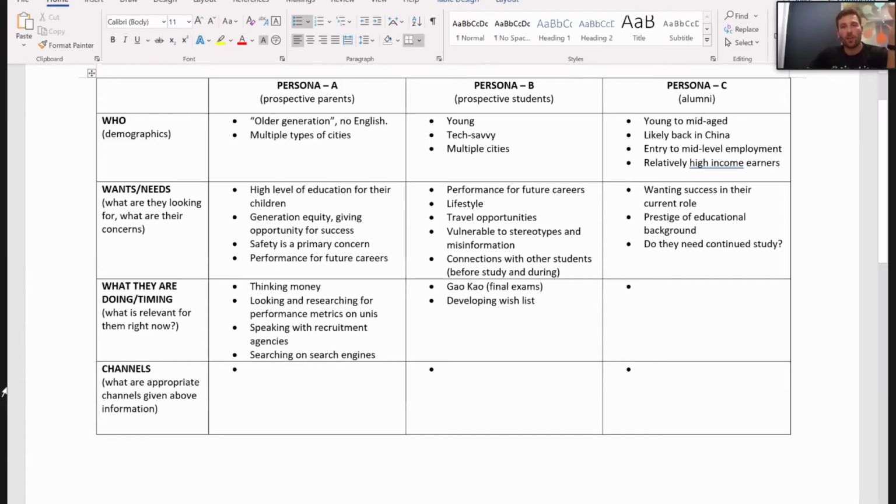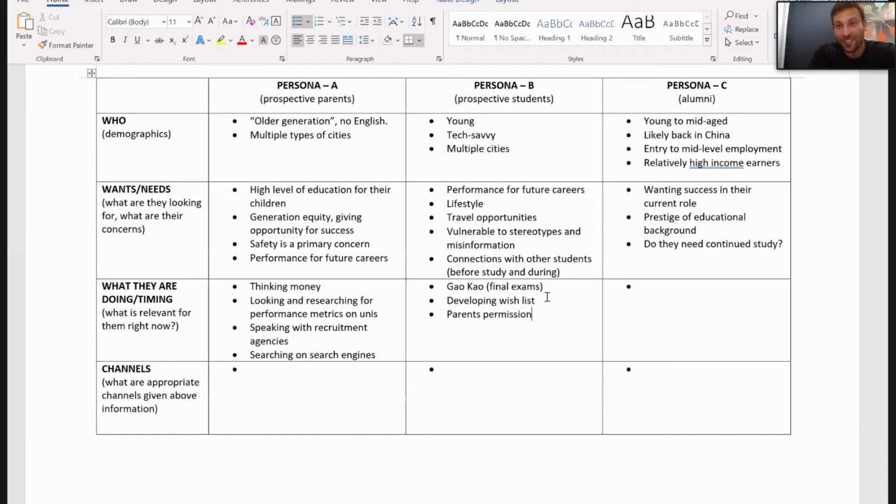They're going to be using that criteria of what the lifestyles are, what the travel opportunities are, what the performance for future careers is, and what the student connection possibilities on campus are going to be like. What's my living situation? They're going to be taking all of this into consideration and developing a wish list that they would be taking to their parents for permission.